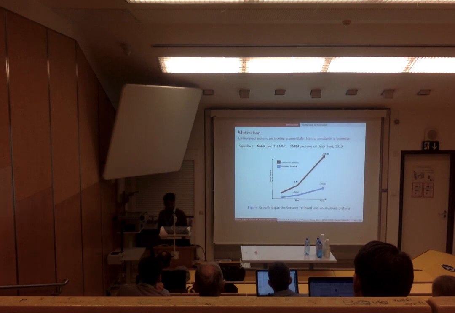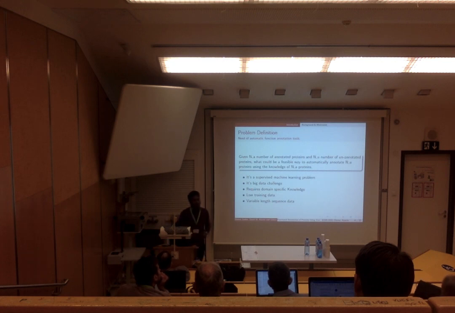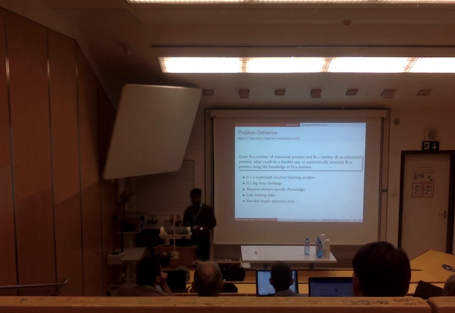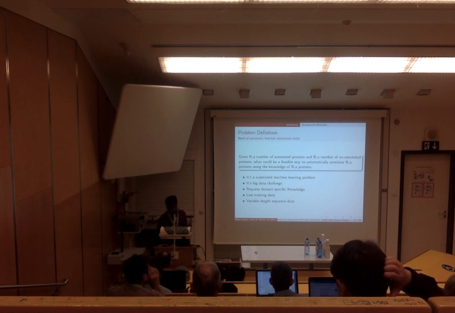And manual annotation is expensive, so we need some tool to do it automatically. So the problem is basically you have n number of annotated proteins and n number of unannotated proteins, and you want to find a feasible way to automatically annotate these unreviewed proteins using the knowledge found from the annotated proteins. It's a supervised machine learning problem.